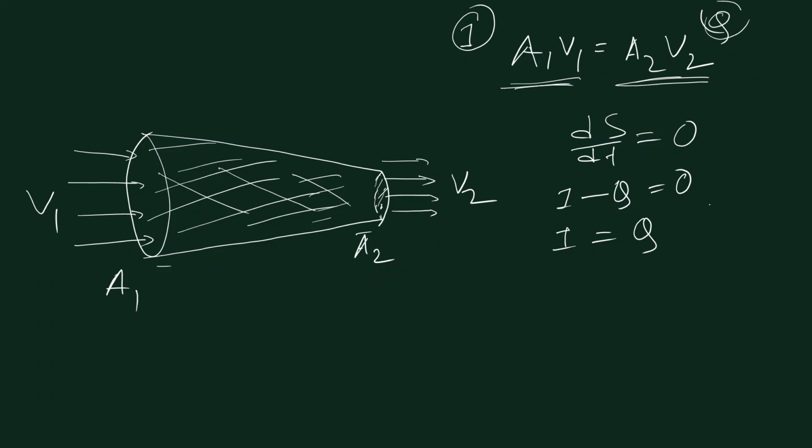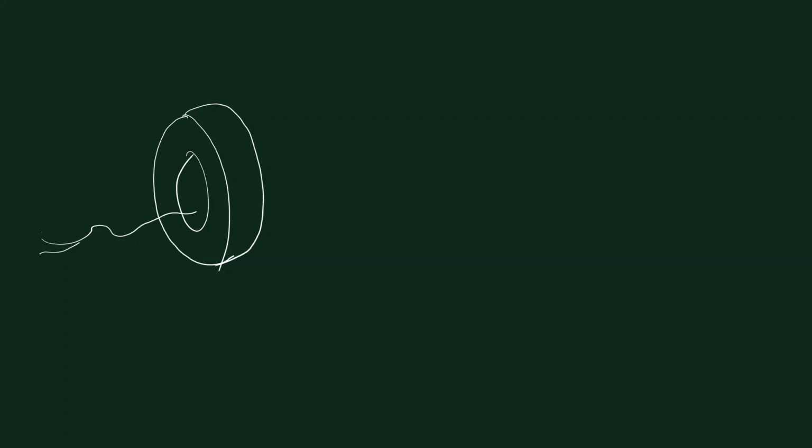Now let's take another example. This is the example of a car tire, suppose, which is being filled with air from some pipe, some pump. Now, the tire is a fairly rigid object unless you put a lot of pressure from outside.